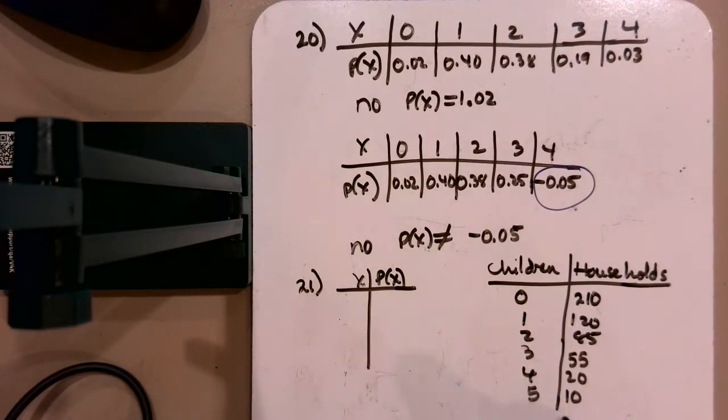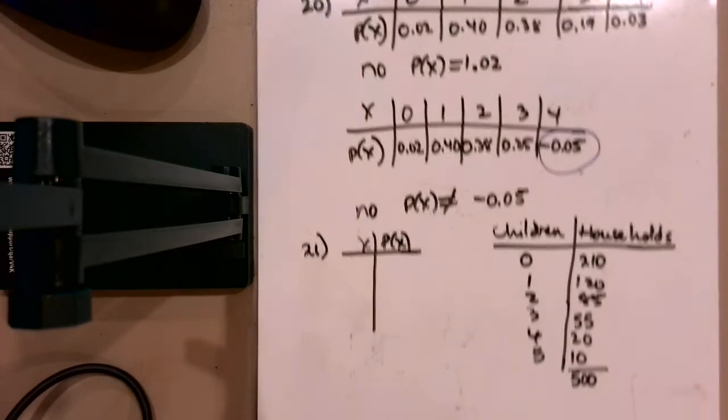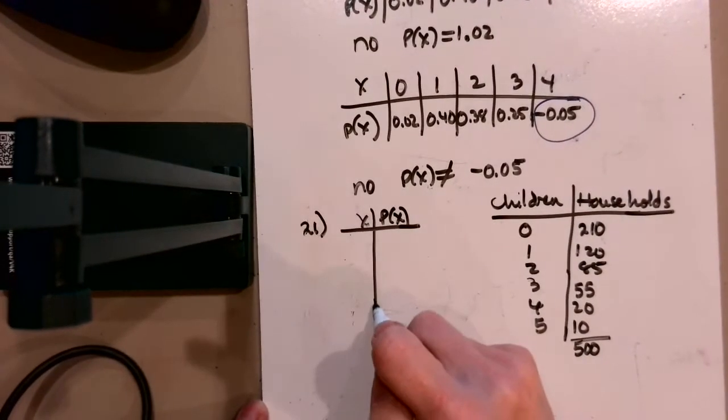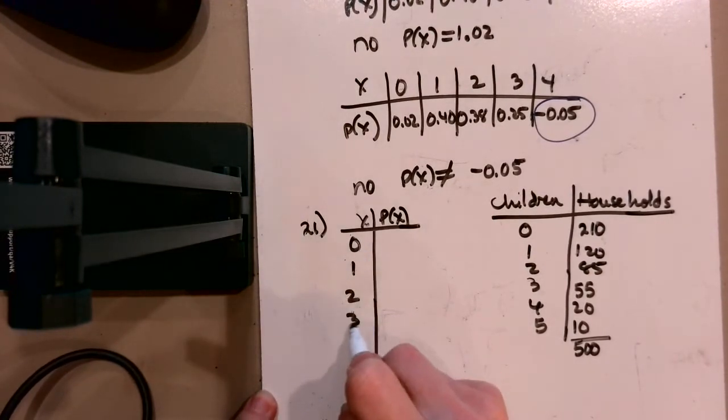What we have to do is add up the total number of households, adding up all those frequencies, and that gives you a total of 500 households. So to construct the probability distribution, you're going to have 0, 1, 2, 3, 4, 5.